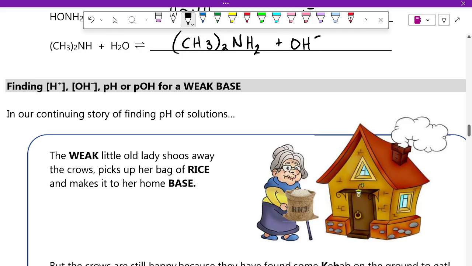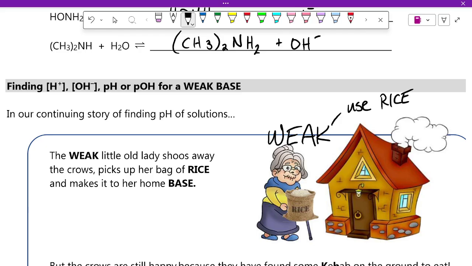So look, here's our little old lady again. And what is the little old lady? The little old lady is weak. Yes, she is weak. That is the whole point. And she is carrying what? She's carrying a bag of rice. So anytime it's weak, you are going to use rice.